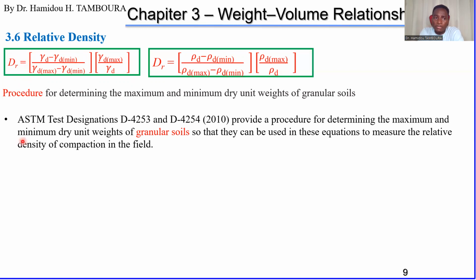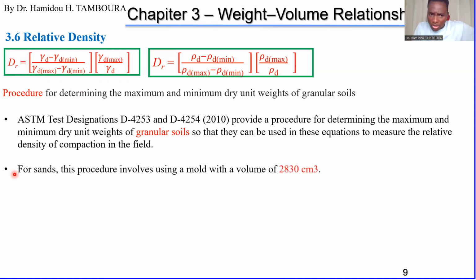That is the objective. So for sand, which is a granular soil, of course, we use a mold with a volume of 2,830 cubic centimeter. Do you know a mold? Like a recipient.